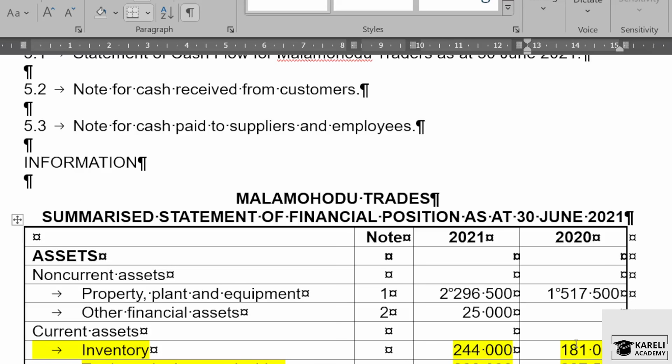At the beginning it is 181,000 and at the end it is 244,000.